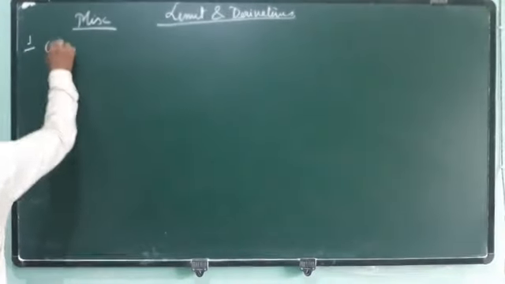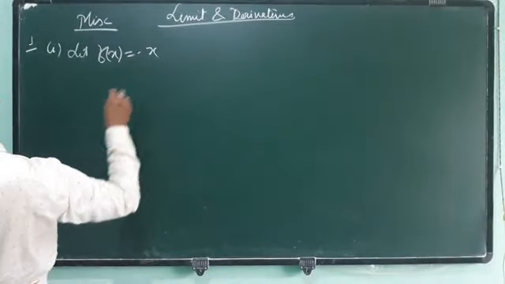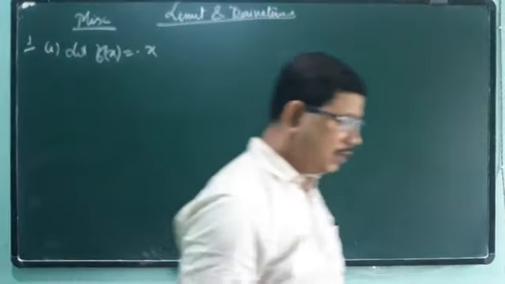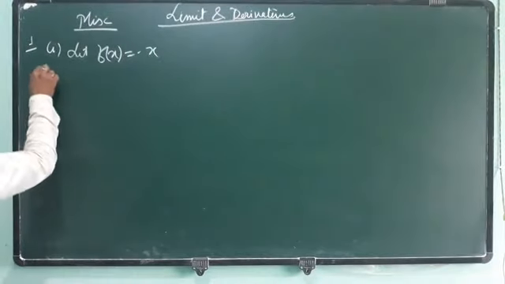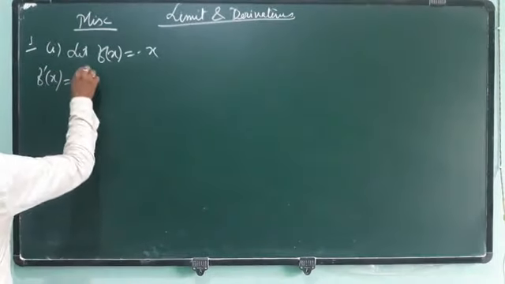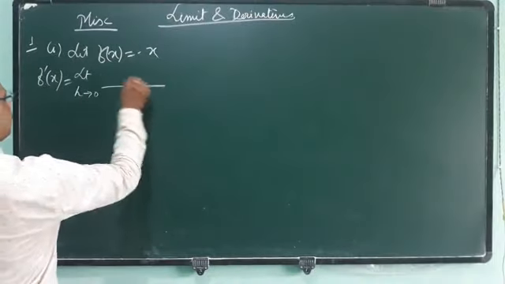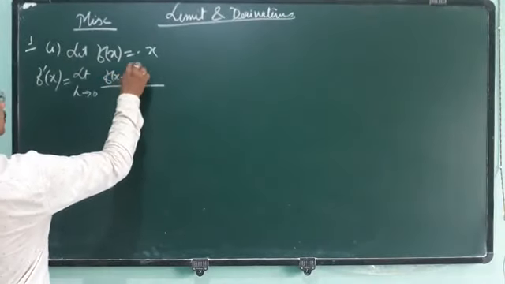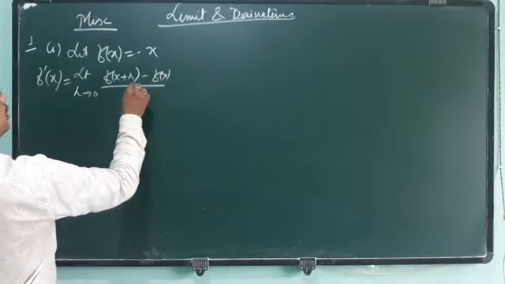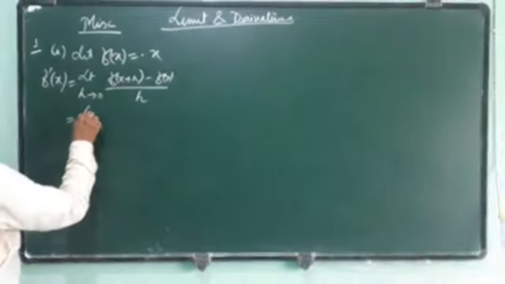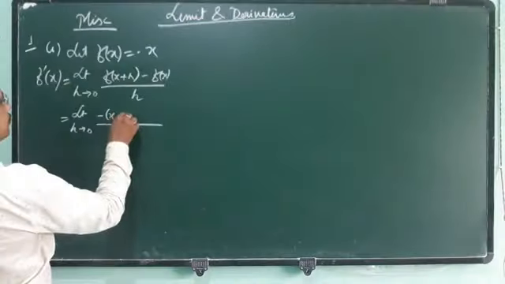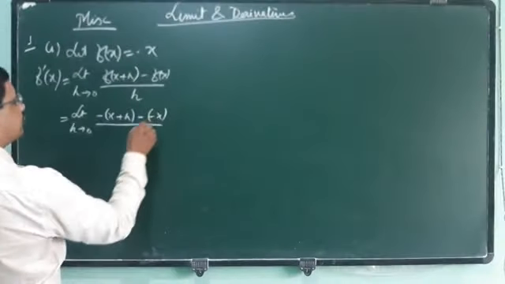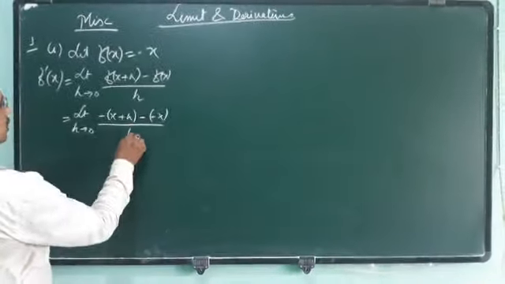Here it is given minus x, let f(x) equal to minus x. If we want to differentiate this, f dash x, by first principle f dash x is equal to limit h tends to 0, f(x plus h) minus f(x) by h. So limit h tends to 0, minus (x plus h) minus (minus x) divided by h.